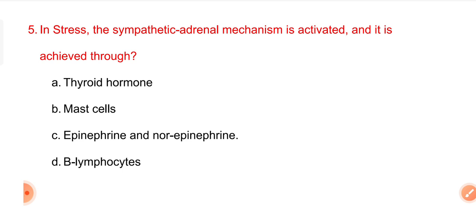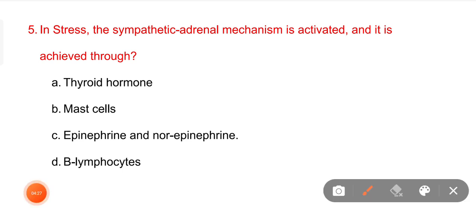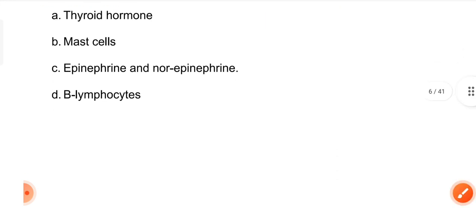The options are option A thyroid hormone, option B mast cells, option C epinephrine and norepinephrine, option D B lymphocytes. The right option is epinephrine and norepinephrine. So in the case of stress, the sympathetic adrenal mechanism happens through epinephrine and norepinephrine.